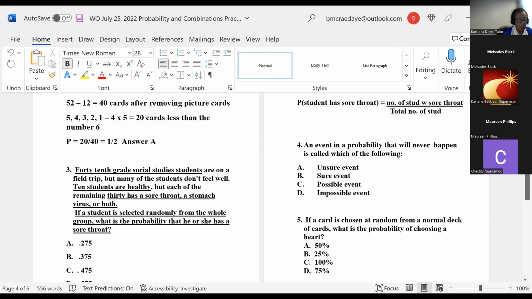So if you look at this as 30 students having the sore throat, the stomach virus, or both, then 15 would be the number that would have a sore throat. 15 would also be the number that have the stomach virus, but they could have both, which means they overlap, because they would have both, but it still would be 15 plus 15 is 30. So divide the 15 by the 40, and what do you get?